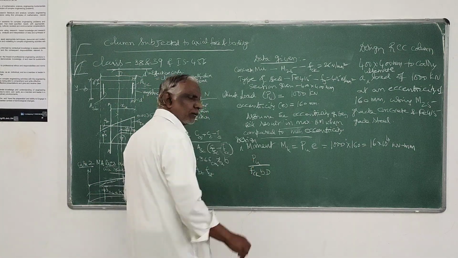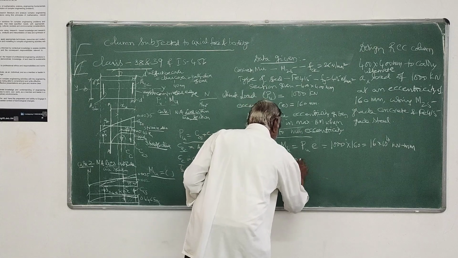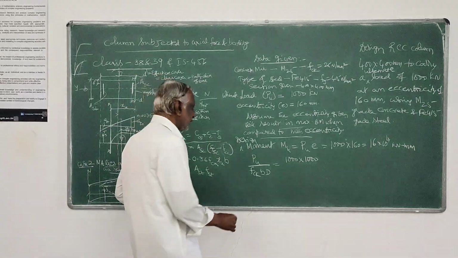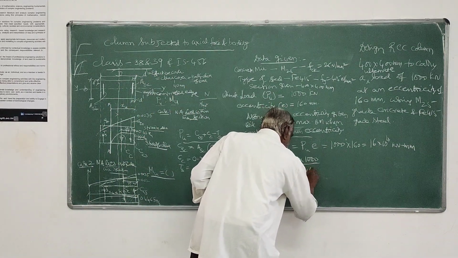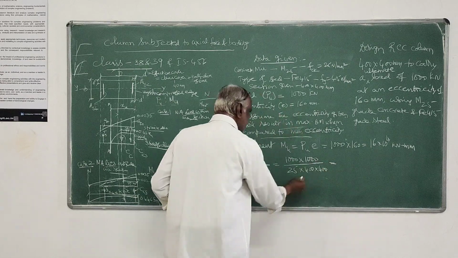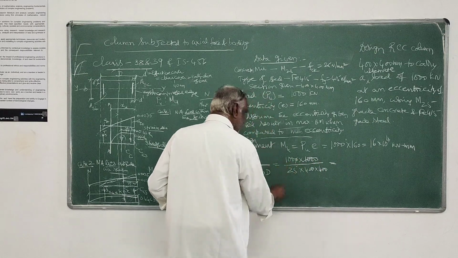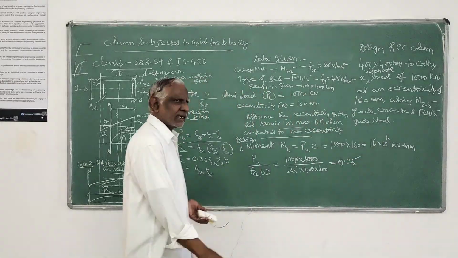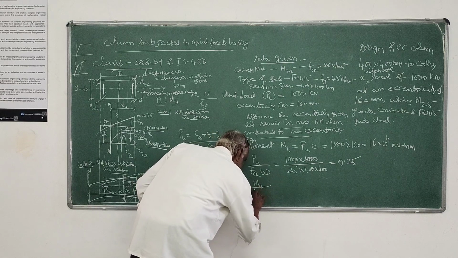You find out Pu by FCK BD. Pu is 1000 kilonewtons into 1000 newtons divided by FCK is 25, B is 400, D also 400. So this comes to 0.25. Next, you can work out Mu by FCK BD square.